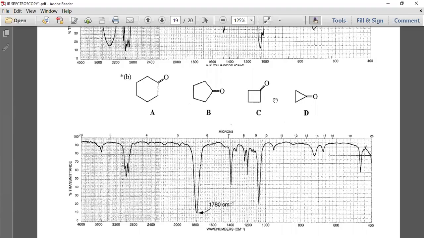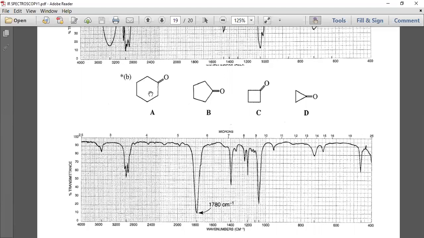Now, among these, the given spectra belongs to which compound? As I said, take the reference.